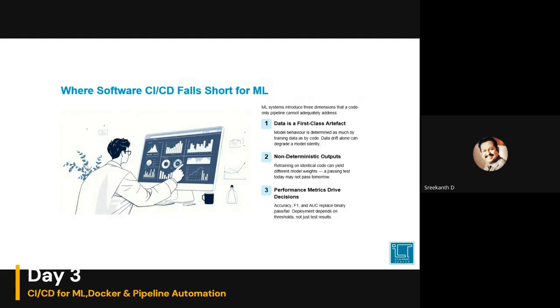If accuracy drops below the threshold, the model must not deploy, right? This is the metric-driven gating, right? Accuracy is below the available threshold.